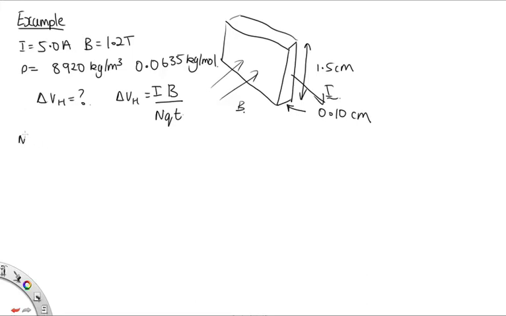So to do that, we can use the density and the molar mass. The density over the molar mass will give us the number of moles per meter cubed. And what we need is the number of atoms per meter cubed. So if we times that by Avogadro's number, we'll end up with the number of atoms per meter cubed.